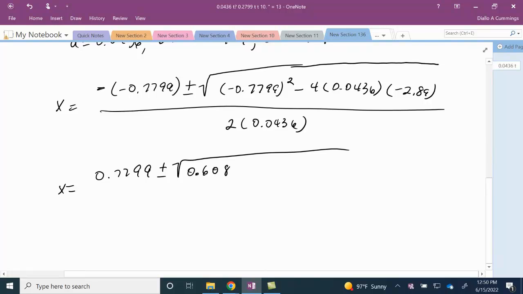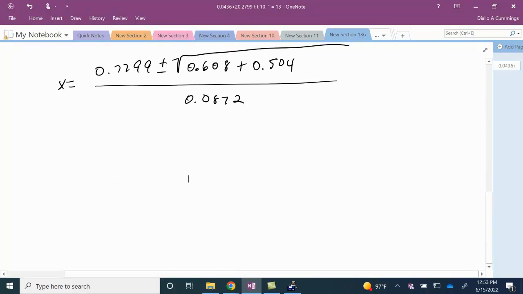I'm going to multiply negative 4 times 0.0436 times negative 2.89 for a product of 0.504. And that's all divided by 2 times 0.0436, which gives us a product of 0.0872.